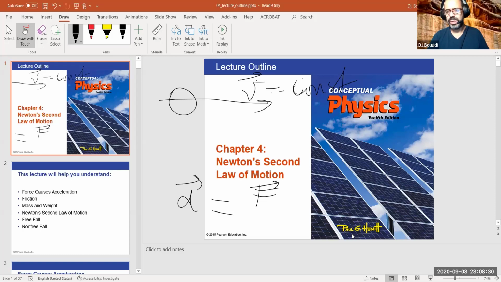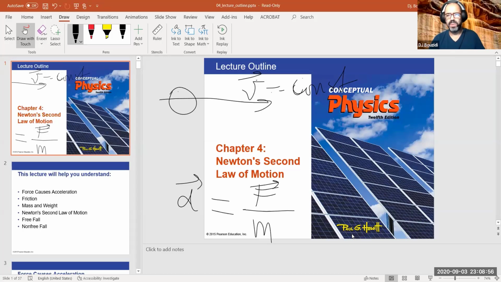The trouble with it is, if you can only afford, for example, 10 newtons, and you want to push a mouse with it, it's probably easier for you to push a mouse than to push an elephant, because the elephant has more resistance to the 10 newtons than the mouse does. So a property is needed here that quantifies the resistance of the object to the change in motion.